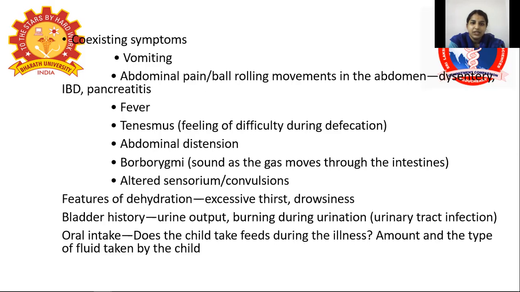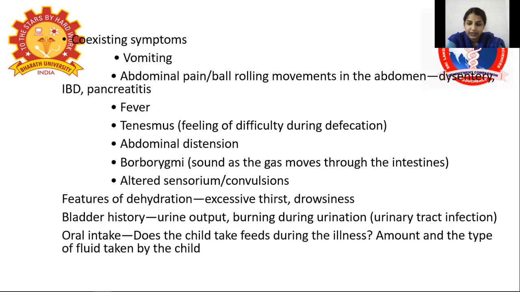The coexisting symptoms that we need to ask about: is there any vomiting, which is usually able to differentiate gastroenteritis, where the upper GI is involved, from a problem only in the lower GI. And whether there is any abdominal pain or bowel rolling movements.